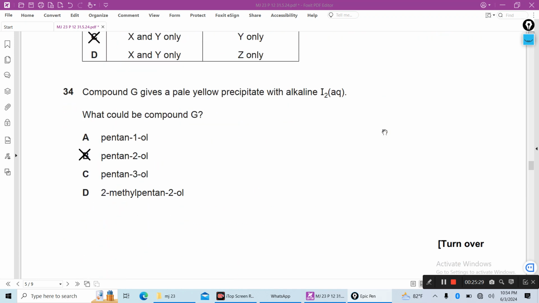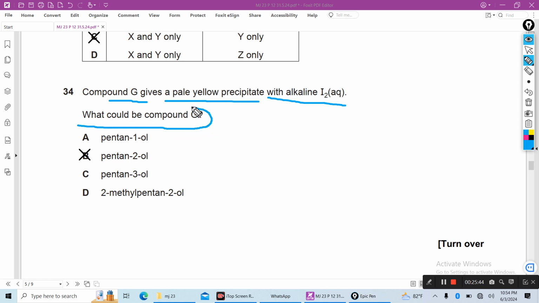Next, 34. Compound Z gives a pale yellow precipitate with alkaline iodine, the iodoform test. Which could be compound Z? And you know, this is pentan-2-ol, because pentan-2-ol is a secondary alcohol.